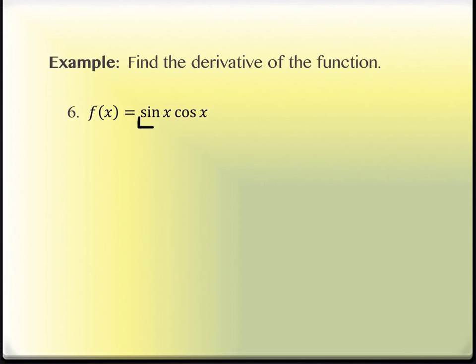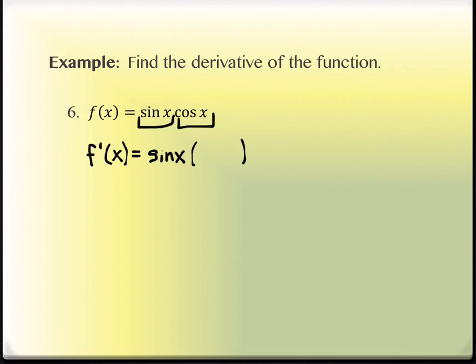So this kind of combines the two pieces of information that are going on in this section, this trig stuff, with the product stuff. So we're going to take the derivative of this. What do I do for the product rule when I take the derivative? How do I start? I rewrite the first piece, sine of x. What will I multiply that by?